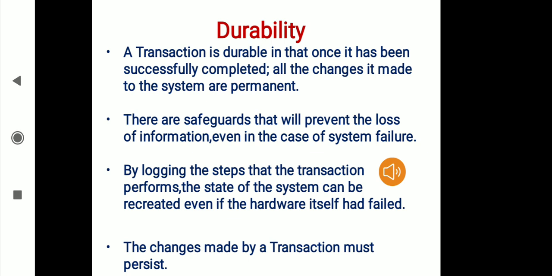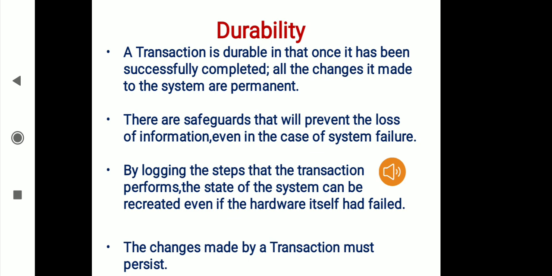Let's come to the last property of transaction, which is durability. A transaction is said to be durable in that once it has been successfully completed, all the changes it made to the system are permanent. There are safeguards that will prevent the loss of information even in the case of system failure.